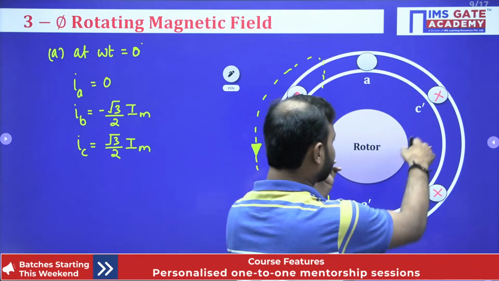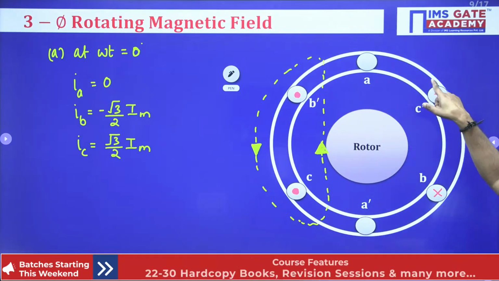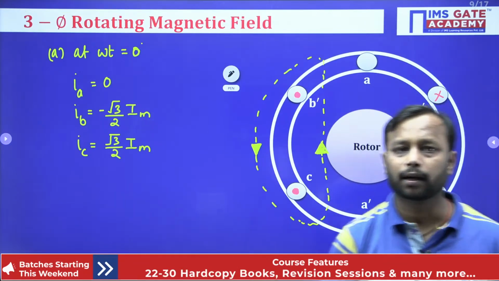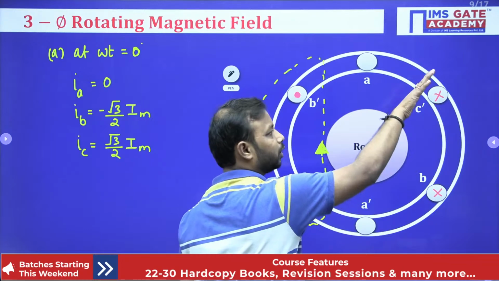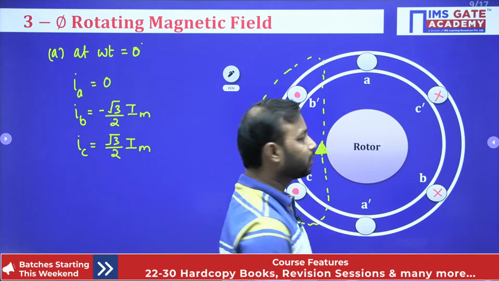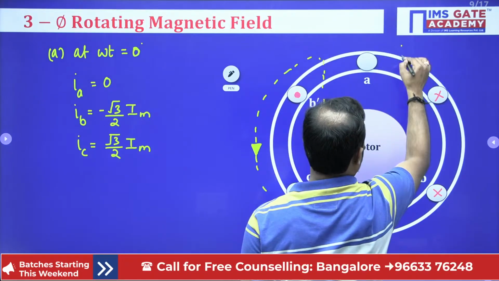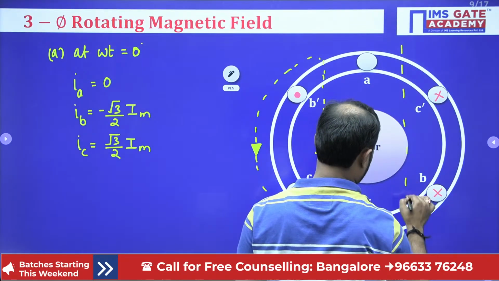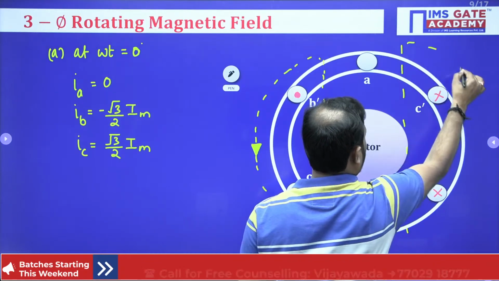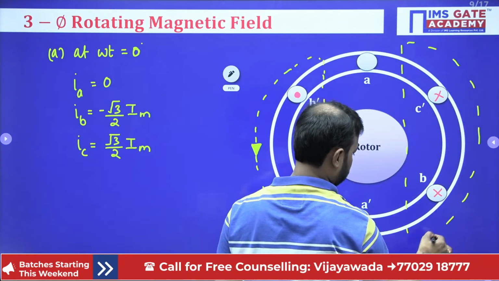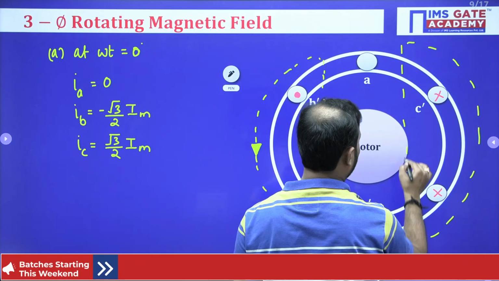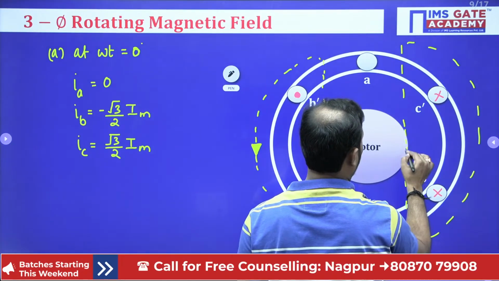And what about this cross? Cross means current is inside, so the forefinger will curve in the clockwise direction. So here the magnetic field is clockwise.